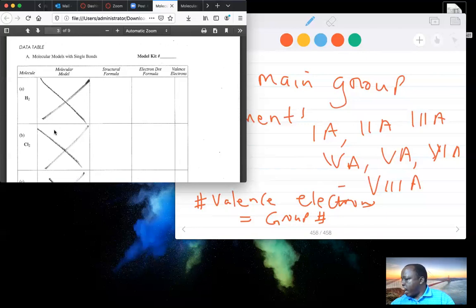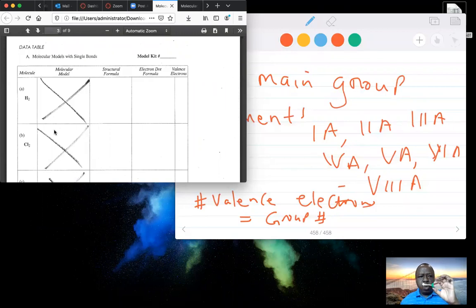If it was models, by the way, chlorine is green. So if I'm to make HCl, you'll see something similar to what I'm holding right now. There is the white hydrogen, and there is the green for chlorine. This is the model.